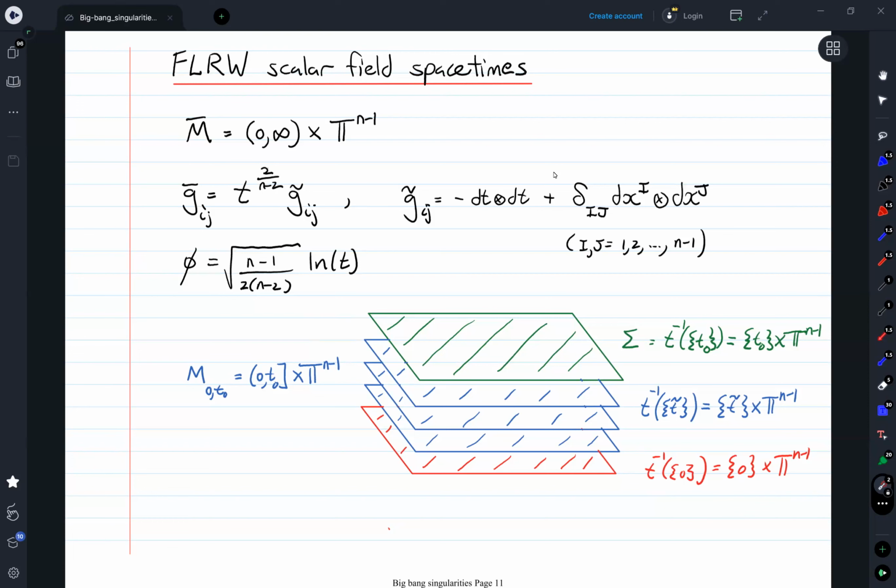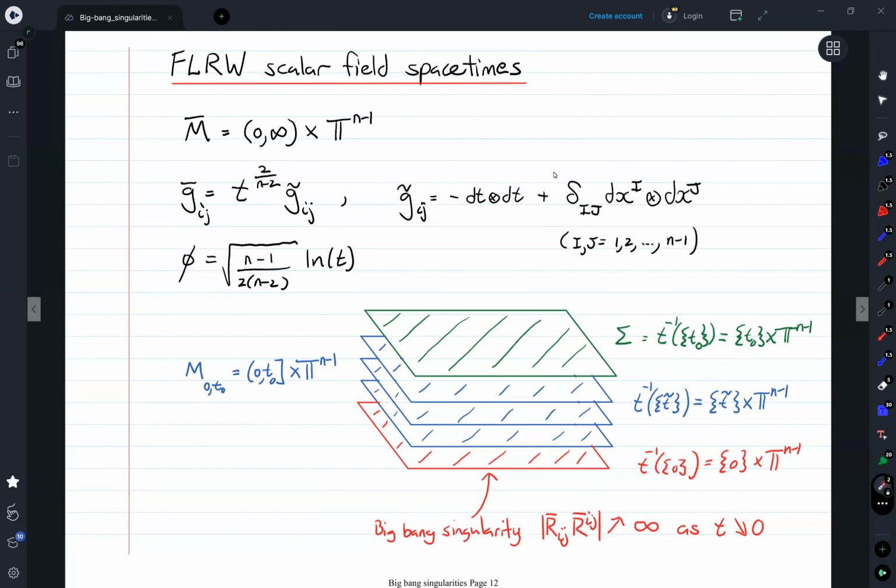Now a key point is that you can now take a look at some curvature invariants. For example, I might want to take the curvature invariant where I contract a Ricci tensor with itself. You can look at that, and it blows up as t goes to 0.